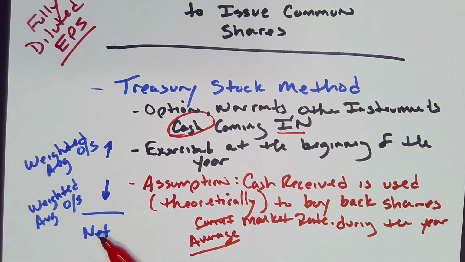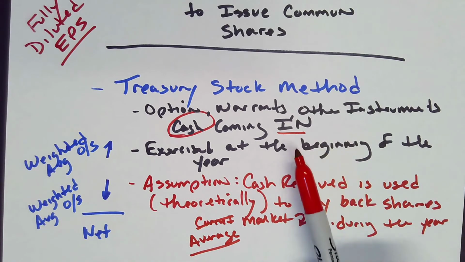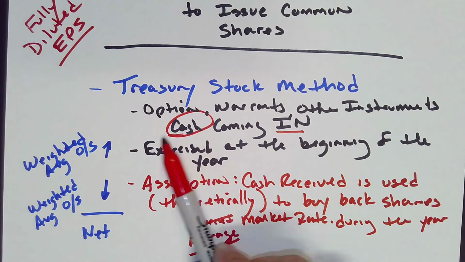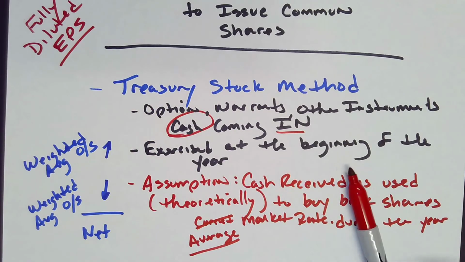This net amount, this net increase, right? Because when we think about this, there's no way anyone's going to exercise these shares at a lower price, right? Or if they do, then the net is going to be negative. So this has to be a positive increase, because if it's negative, then there's no assumption that these options would be exercised, that these warrants would be exercised.